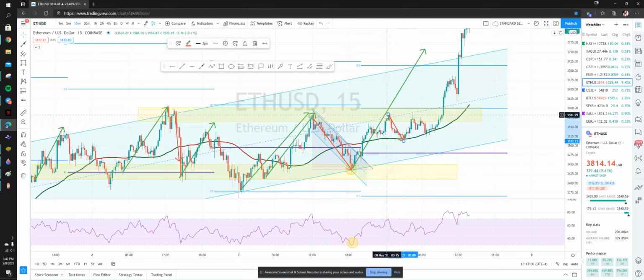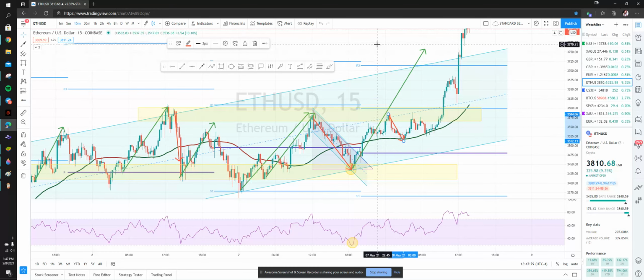So that's exactly why we got out here. Because if your entry is around this area and you made all that profit by not getting out at this strong resistance point, you would have lost your profits. So it's always better to just take your profits, wait for a retest of some kind, jump back in, and then ride it up.